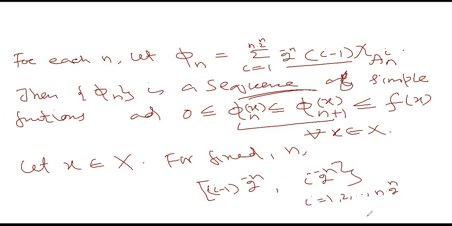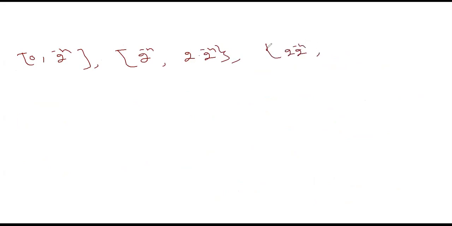For i equal to 1, it will be 0 to 2 power minus n. For i equal to 2, it's 1 times 2 power minus n to 2 times 2 power minus n, and similarly the next interval goes up to 3 times 2 power minus n.